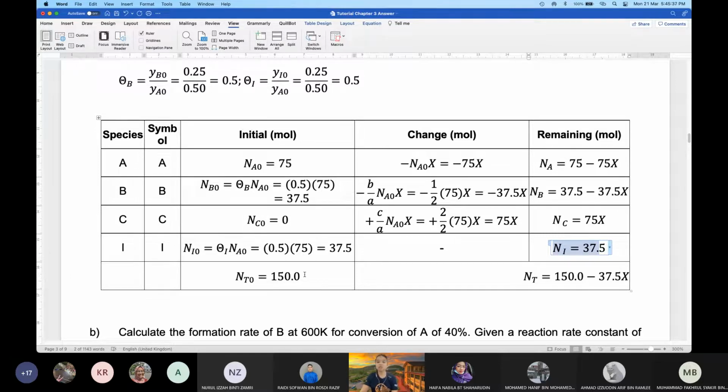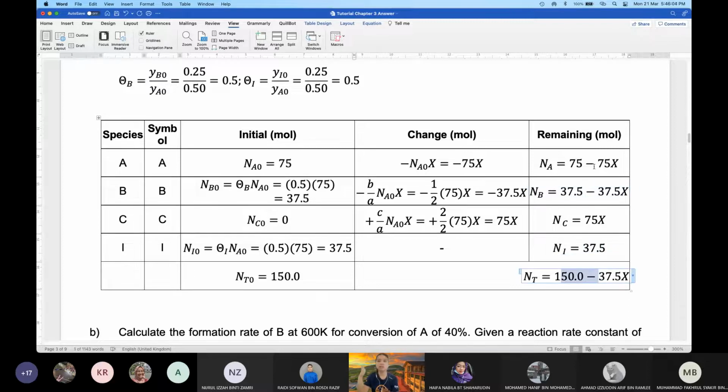So nak cari total initial, you just add Na naught plus Nb naught plus Ni naught. You get 150. And the total remaining, don't forget, total remaining ni a bit complex sebab dia got numbers, you got X. So the X's are calculated together, the numbers are calculated together. So dalam kes ni, 75 plus 37.5 plus another 37.5, you get 150.